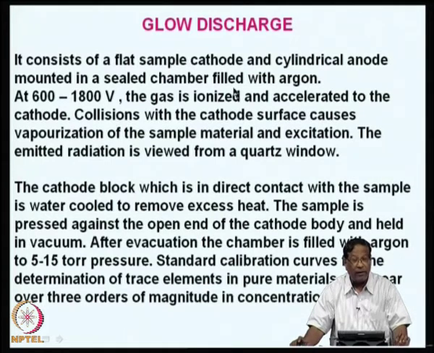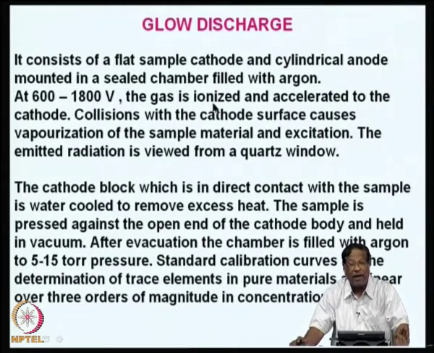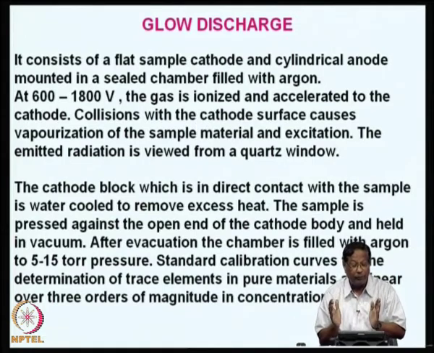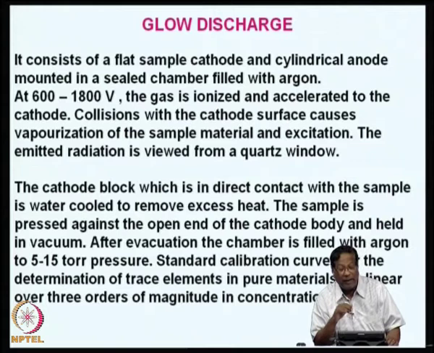At 600 to 1800 volts, the argon gas gets ionized, and once the ions are produced, they accelerate towards the cathode. Collisions with the cathode surface cause vaporization of the sample material and excitation.